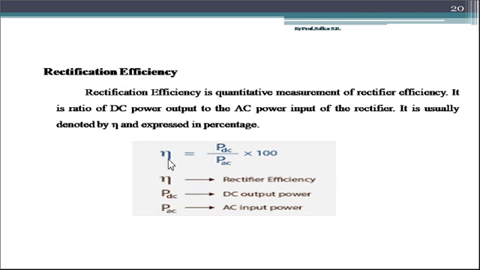So rectification efficiency is denoted by the symbol eta, and it is given as eta is equal to P_DC, that is the output of rectifier, divided by P_AC, the input of rectifier, into 100 in case of percentage. So the output of rectifier is DC signal and the input of rectifier is AC signal, and this ratio is called its efficiency, denoted by eta.